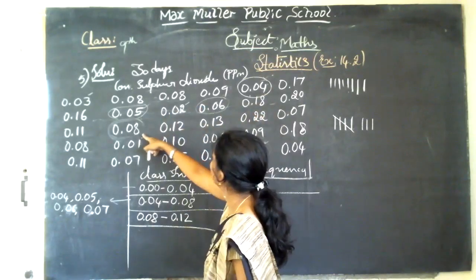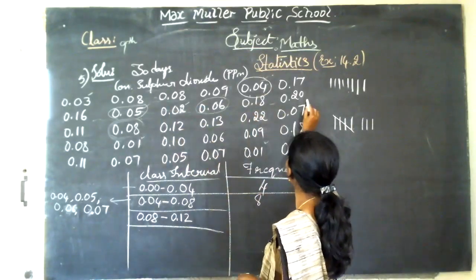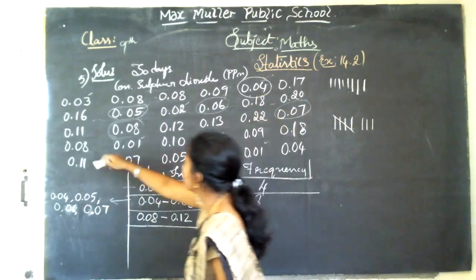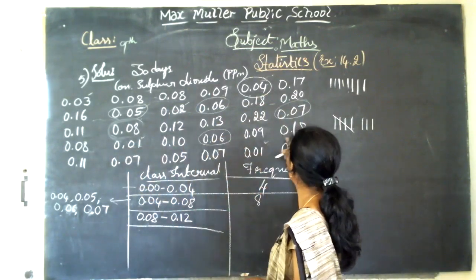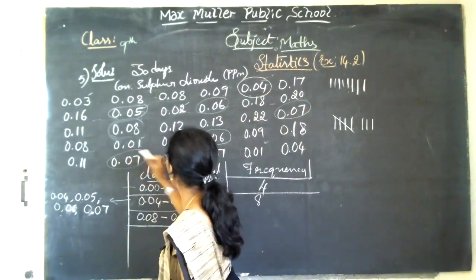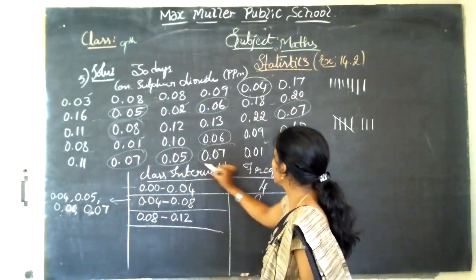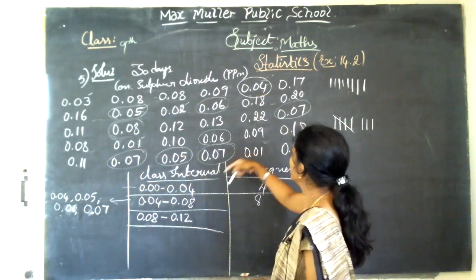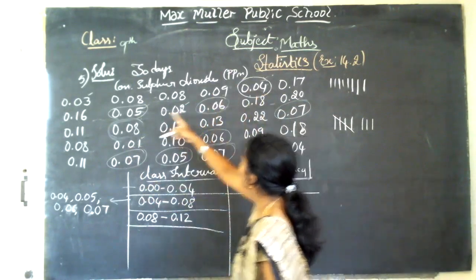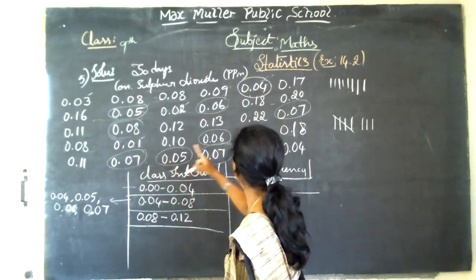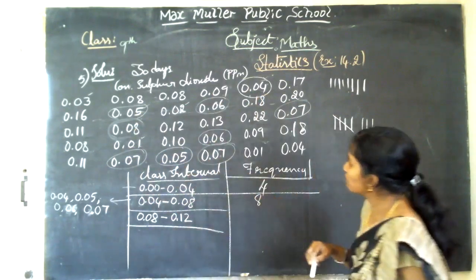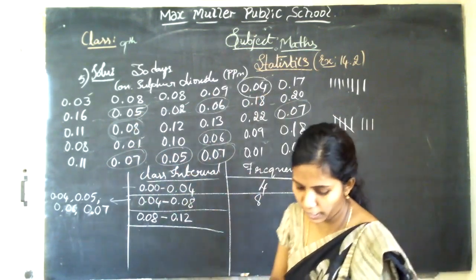So 3 completed. Next, this one you can take. Don't take this one. This one you can take, and this one, and this one, and this one also you can take. So count it. 1, 2, 3, 4, 5, 6, 7, 8. One more is missing. Check the numbers again.